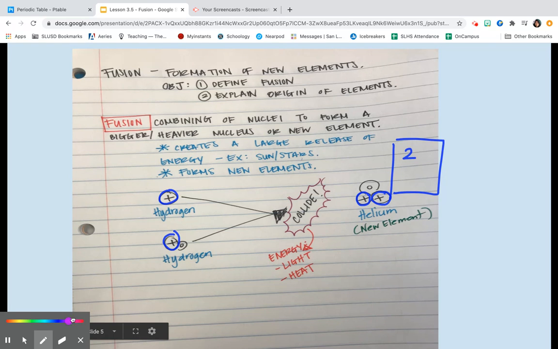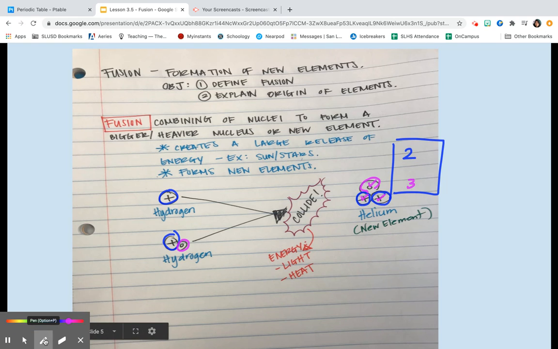And I also might notice that, hey, this one had an extra neutron, and now it's part of this one thing, right? So if I count the mass, I have one neutron, two protons. And remember that our mass is the protons plus the neutrons together. So my mass is going to be 3, right? So I know that I have an element with two protons with a mass of 3.